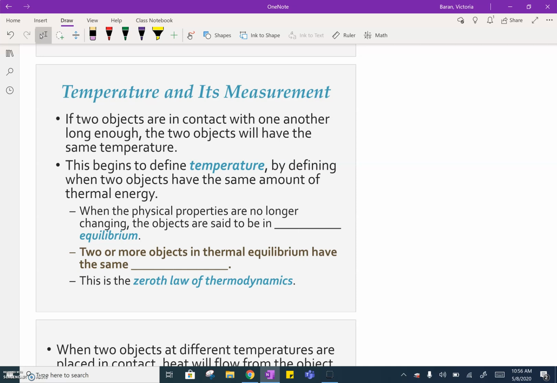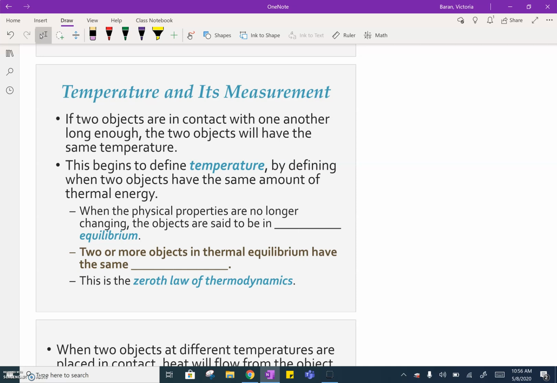So let's talk more about just general concepts and properties in relation to that. So if two objects are in contact with one another long enough, the two objects will have the same temperature. So this helps us to also further define temperature. And when two objects have the same amount of thermal energy, they will be at the same temperature.